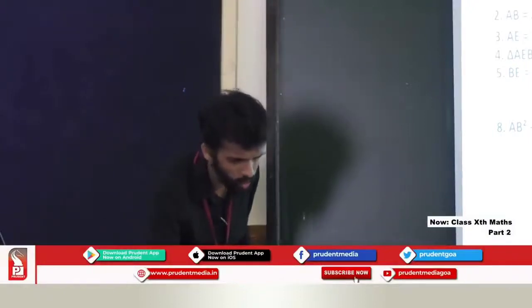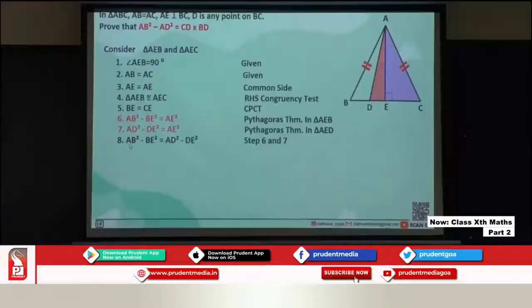Once you have got this, look at step number 8 and let us understand it looking at the figure. AB square is nothing but the hypotenuse, BE square is one of the sides of the right angle triangle, AD square is again a hypotenuse of the triangle which is in red, and DE is another side.